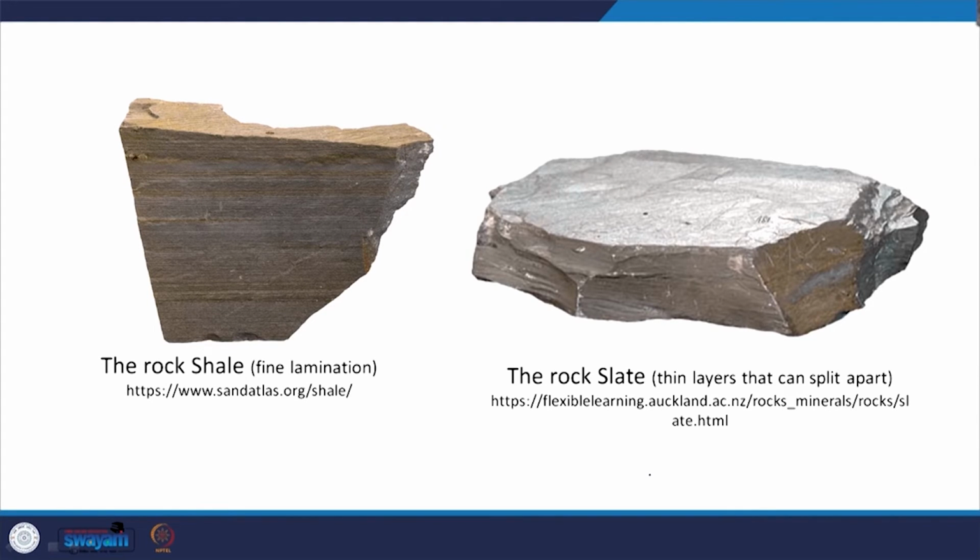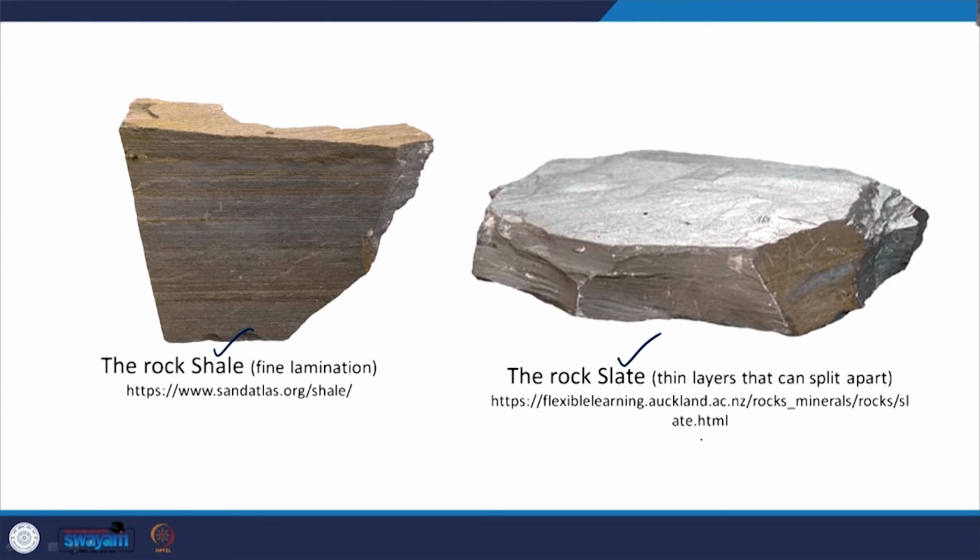Next in this category are the rock shale and rock slate. So, both the rocks I will be discussing together. The rock shale is a lithified mud. Shale is a sedimentary rock composed mostly of clay and silt sized grains.